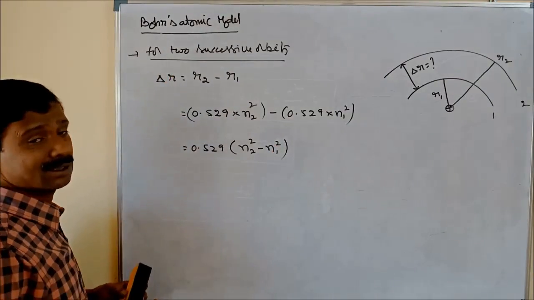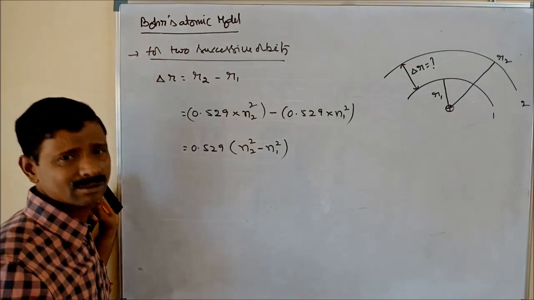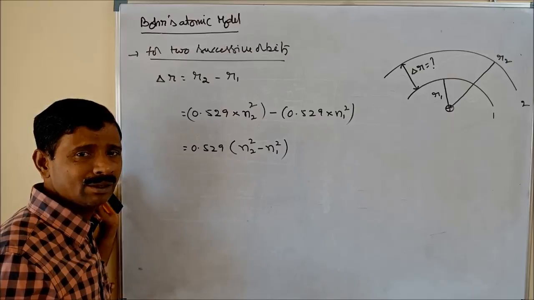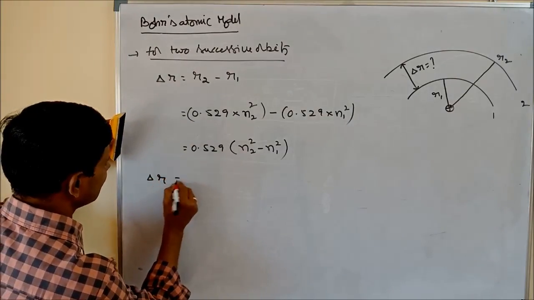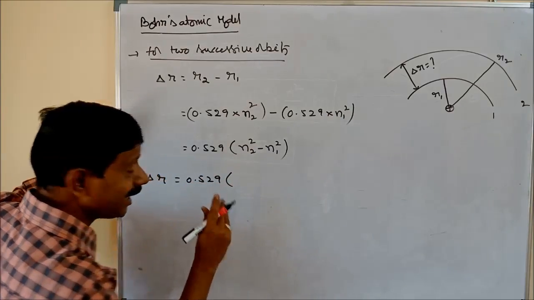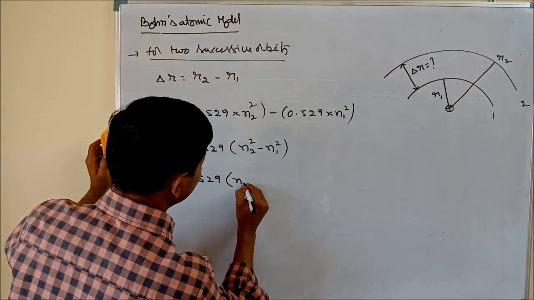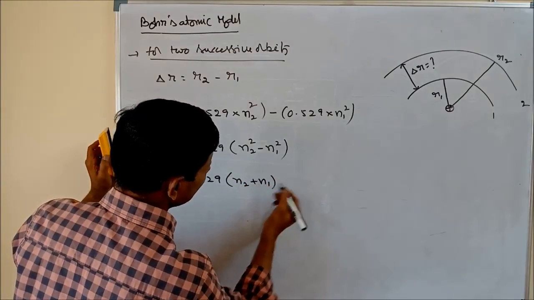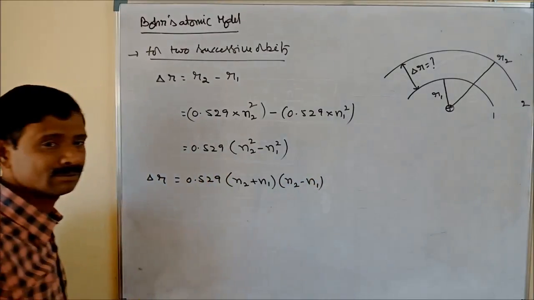Since we considered successive orbits, N2 square minus N1 square means A square minus B square, that is (A plus B) into (A minus B). So here delta R is equal to 0.529 into (N2 plus N1) into (N2 minus N1).